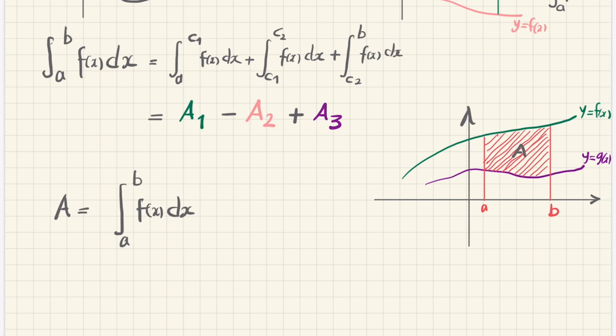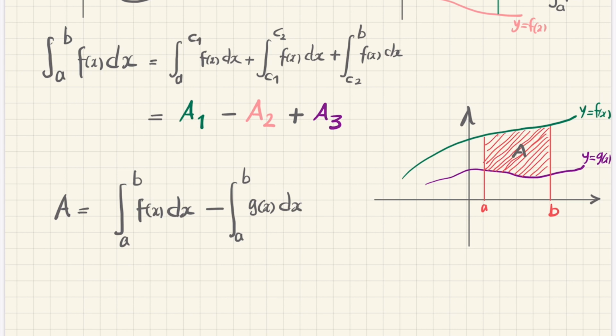And now I calculate the other side. I calculate this area. How? By calculating the same type of integrals, but this time for function g. Okay, so this becomes integral from A to B g of x dx. And then of course the demanded area is the difference between them.